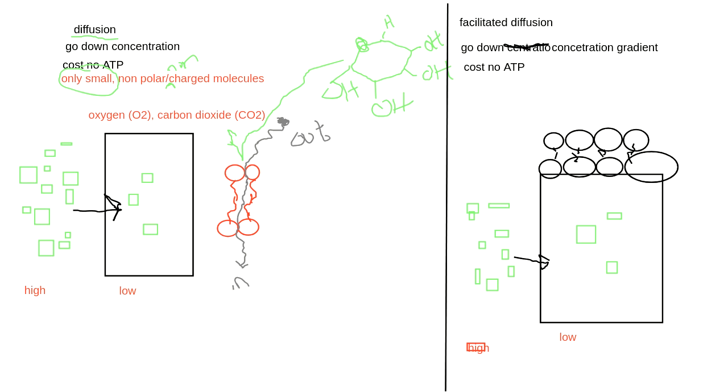It's time to bring in the big guns, aka our favorite biomolecules. What facilitated diffusion does is use, very poorly drawn, protein channels.